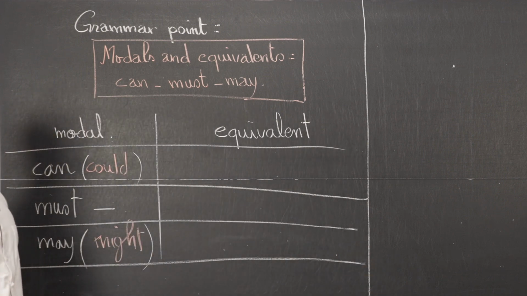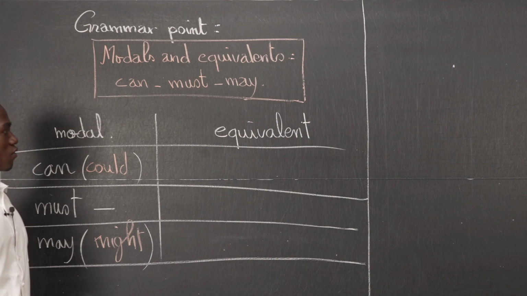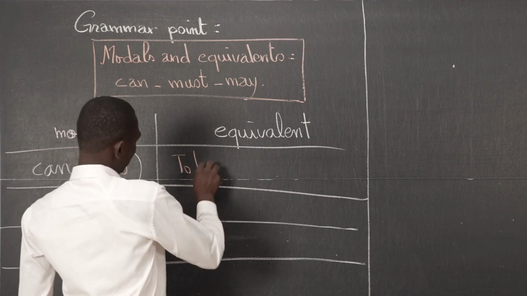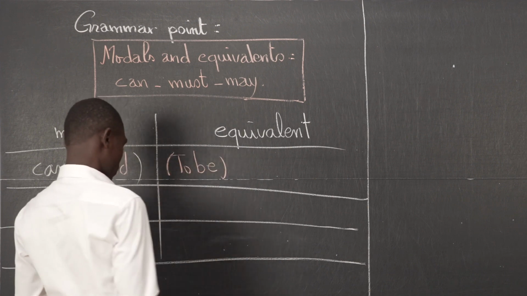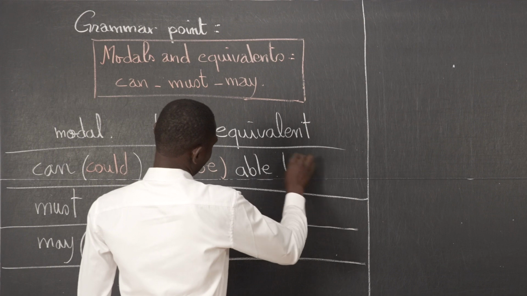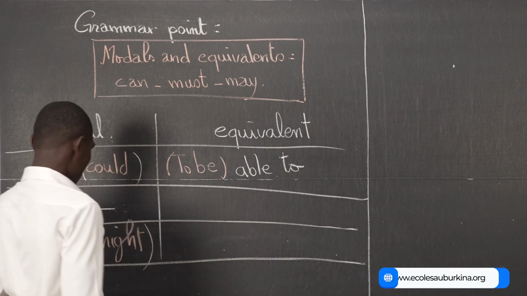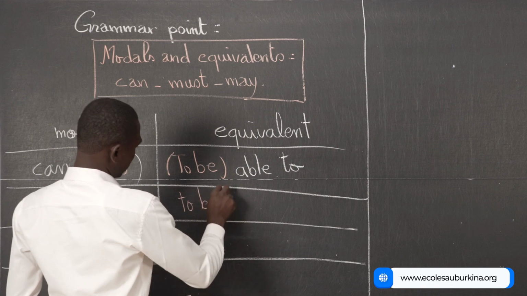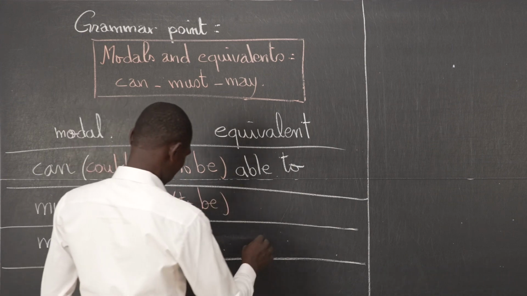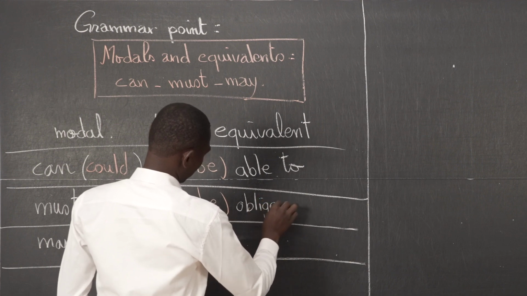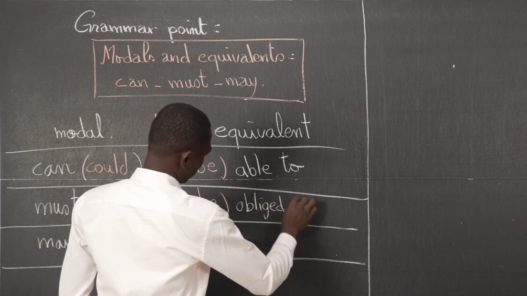What is the equivalent of can? The equivalent of can is to be able to. For must, the equivalent is to be obliged to.